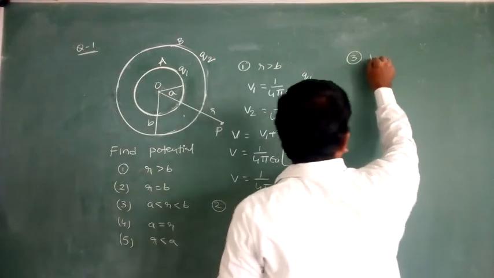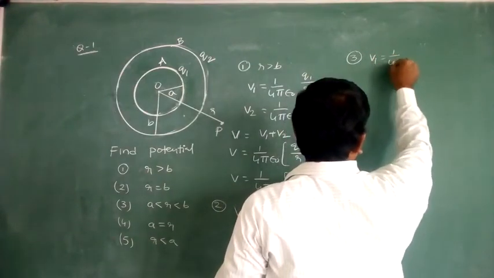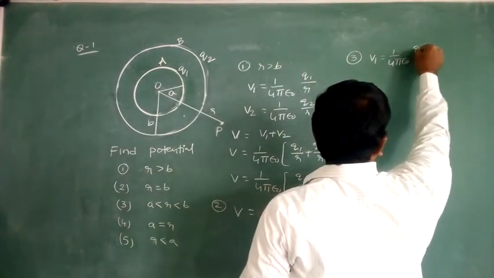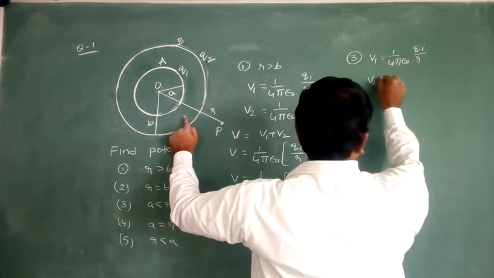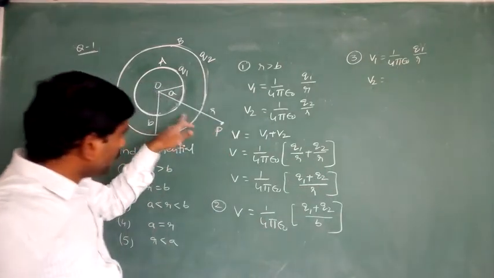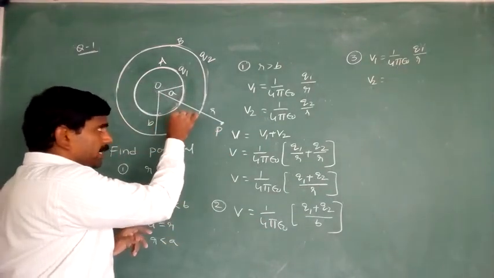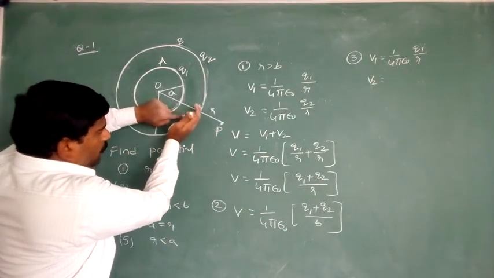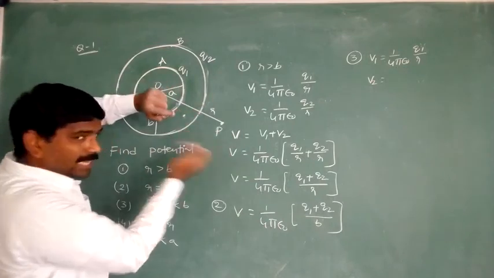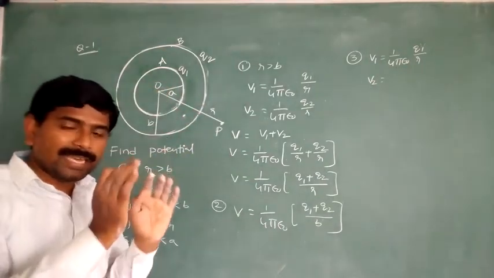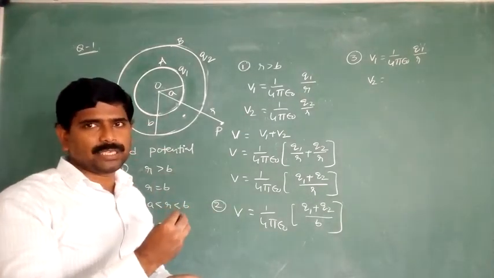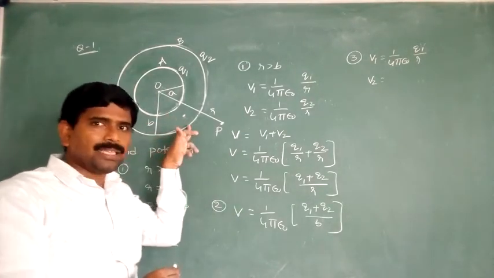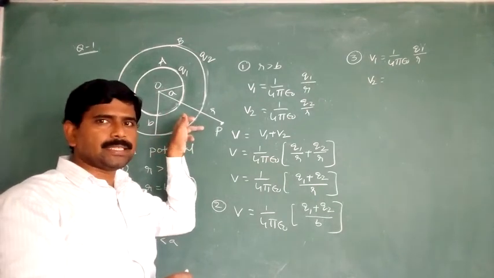Therefore, potential due to the first one is equal to 1 by 4 pi epsilon naught into Q1 by R. V2 is equal to, for this point here, for the second shell, that is the inner point. So in case of these shells, what is the potential inside of the shell? What is the potential on the shell? Same potential is inside also.